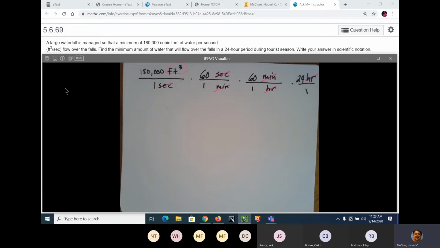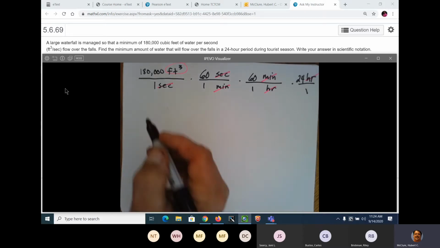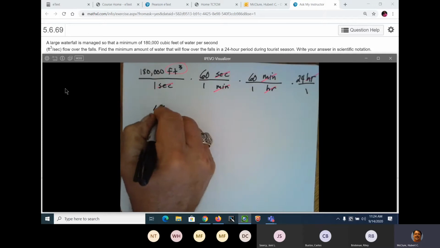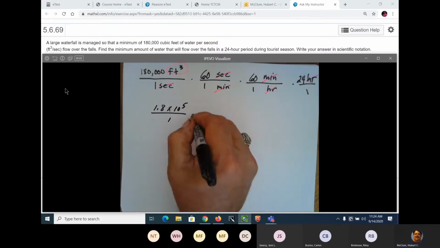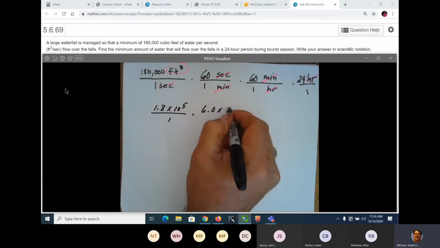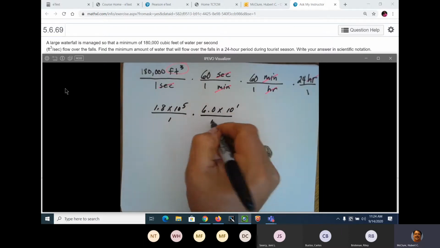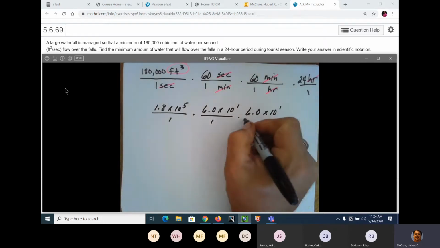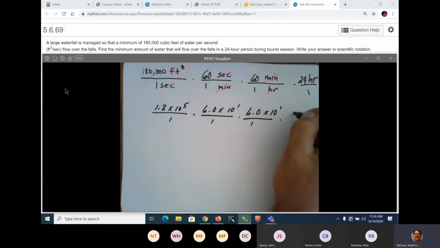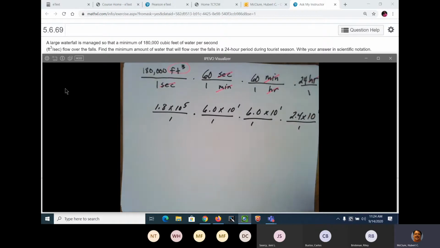Now we just use scientific notation. Now you don't have to use whatever you want to, but this is a scientific notation section. So that's 1.8 times 10 to the 5th over 1 times 6.0 times 10 to the 1st over 1 times 6.0 times 10 to the 1st over 1 times 2.4 times 10 to the 1st over 1.